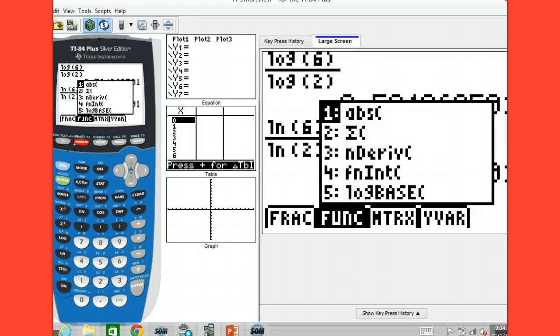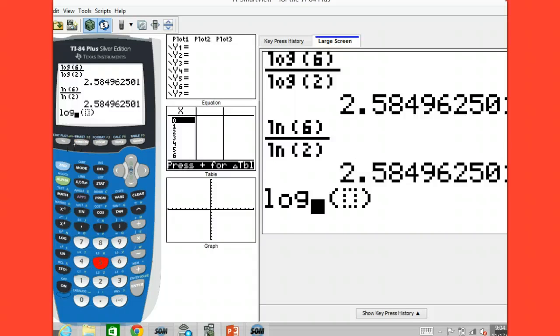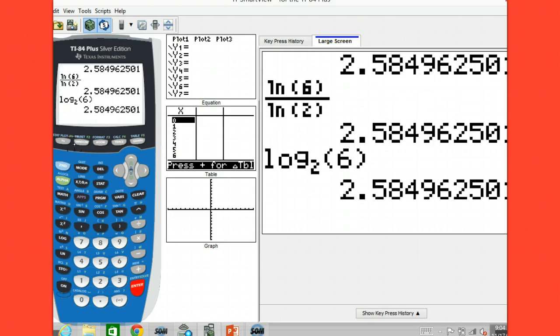That is a happy thing. Choose number 5. You can type in any base that you want and any number that you want, and it basically does the change of base formula for you. It's doing the same thing that we just did by hand. You just type it in that way, and it uses change of base to evaluate.